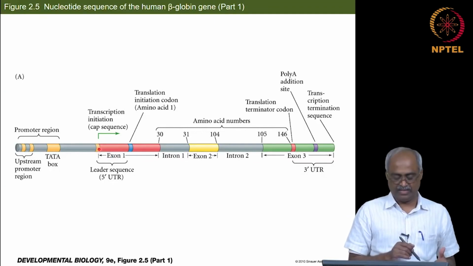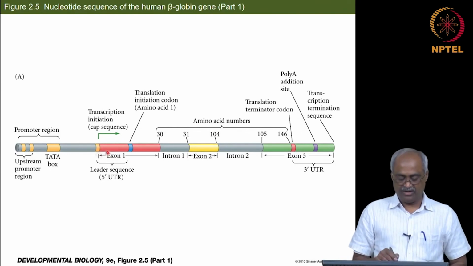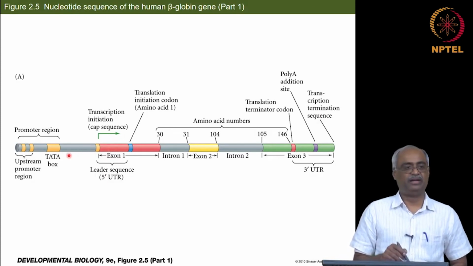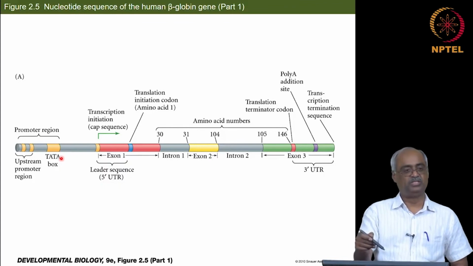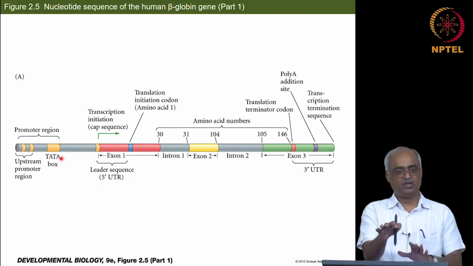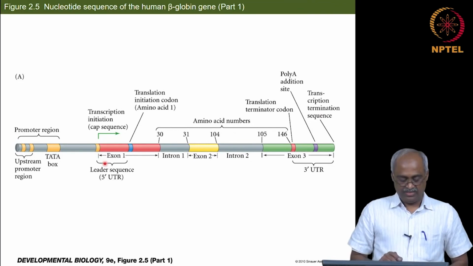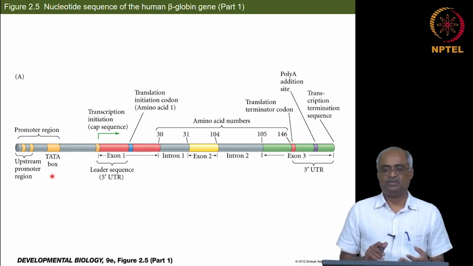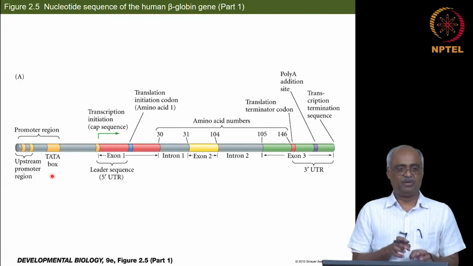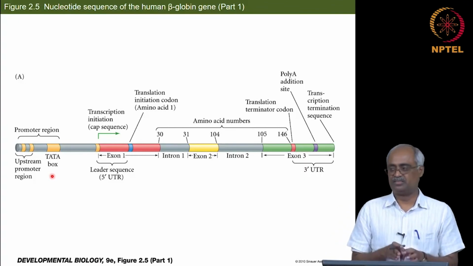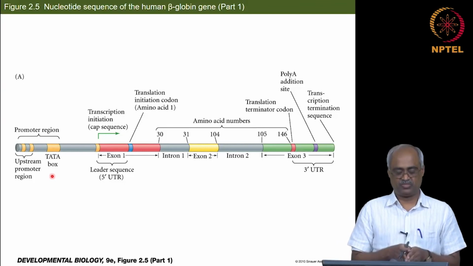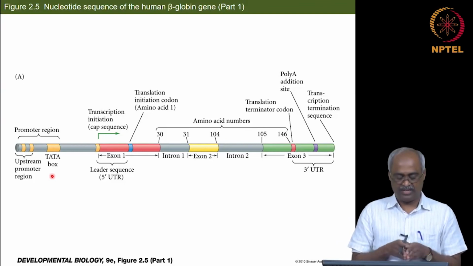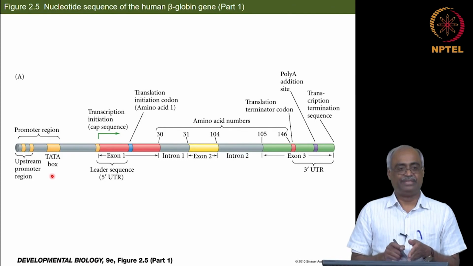That is the RNA sequence, but in the DNA sequence upstream of the ATG you are going to have some sequence that is also part of the exon, that is also in the genome, while the trimethyl G is not part of the genome. Then upstream of that you have the promoter. The promoter is where RNA polymerase is going to bind and start transcribing, and the first base that is transcribed is the transcription start site or the initiation site, which is not ATG.